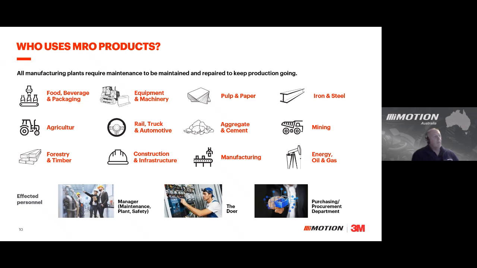Anywhere from the managers in these maintenance areas, whether they're plant or safety, through to what would be classified as your maintenance people or the doer in that space, and your purchasing and procurement department that are looking to obtain the products at the optimum fashion, whether that is price or whether that is availability.